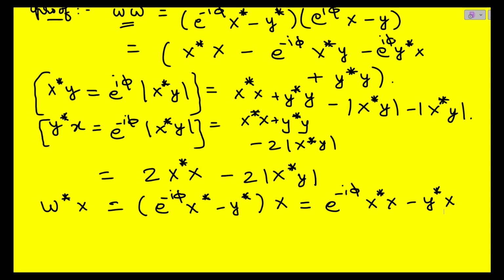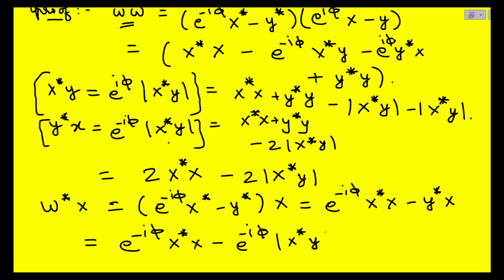And from here, what you can make out is this one. So the way we started this, or basically this one, right? This particular equation that we have here, we can use it here, and instead of y star x, you can write e to the power minus i phi times the absolute value of x star y.